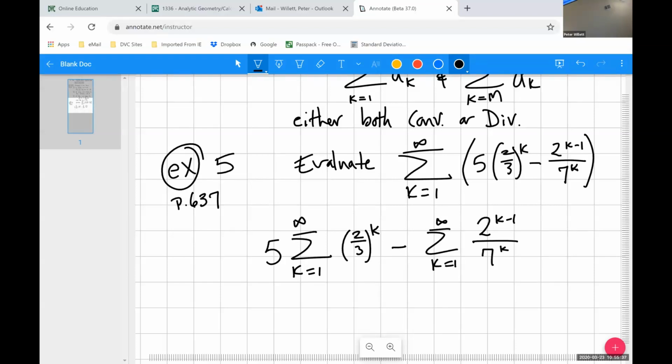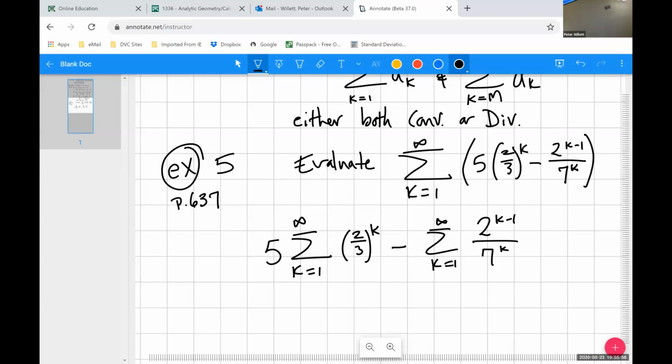What I did is use two of the properties of convergent series. One is that I can distribute across the sum of terms of a series, and two, that I can pull the constant outside. So that gets me to this point.